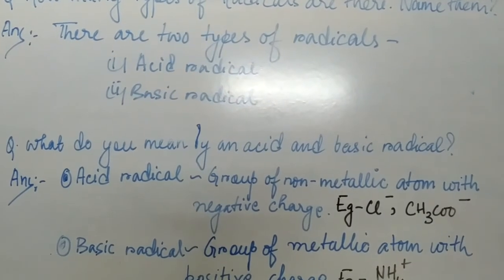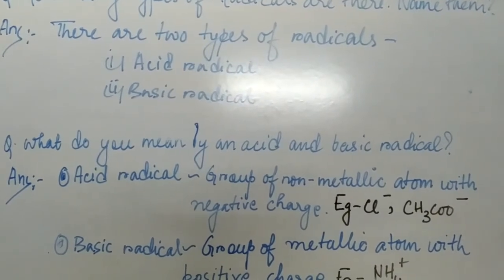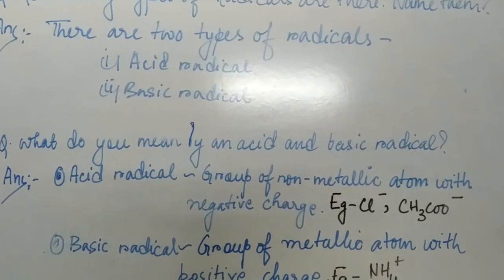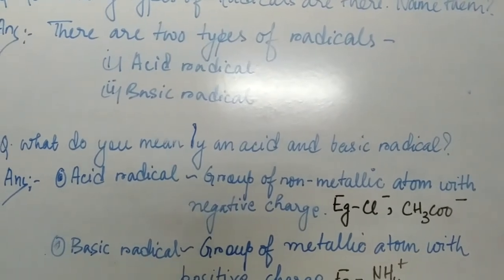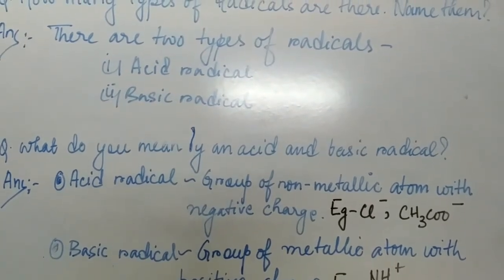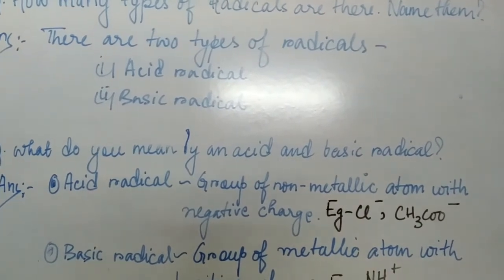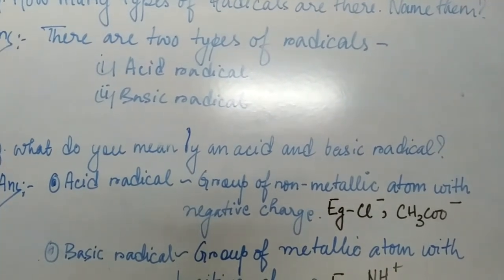Since the acid radicals are a group of atoms which are generally gaining electrons from other substances, atoms or compounds, therefore they are acid radicals.